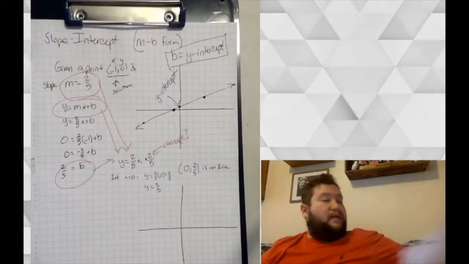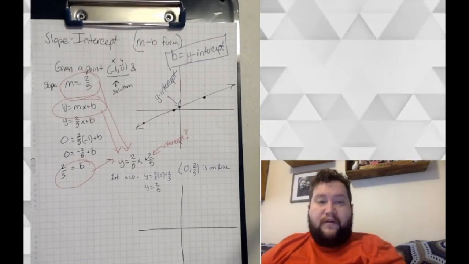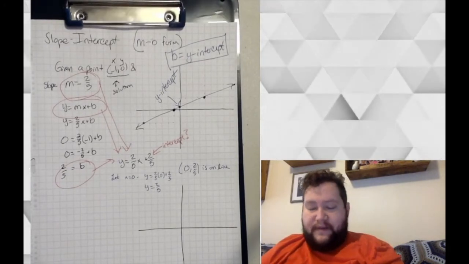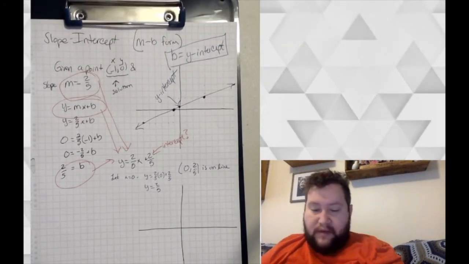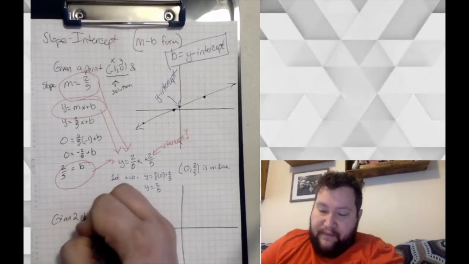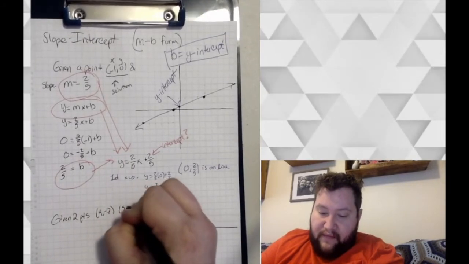And so when we use our slope-intercept form, we know our slope and we know our y-intercept. And so we'll go ahead and look at one more example. But now we're going to be given 2 points, 4, -7, and 5, 3.